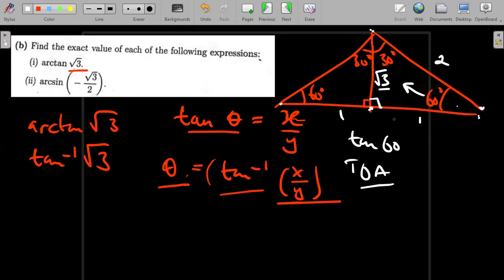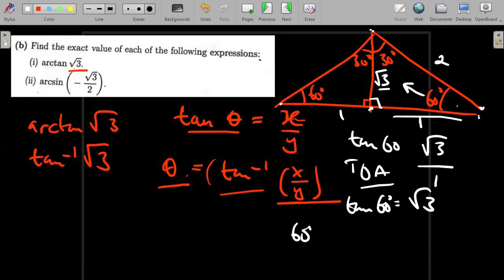And my adjacent is this same part here, which is perpendicular to the 90 degrees angle, and here it's 1. So you have the opposite, root of 3, over 1, and this just gives you root of 3. So tan 60 gives us root of 3.